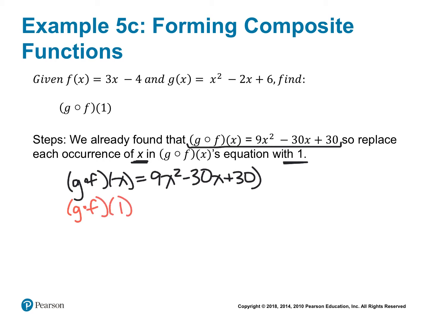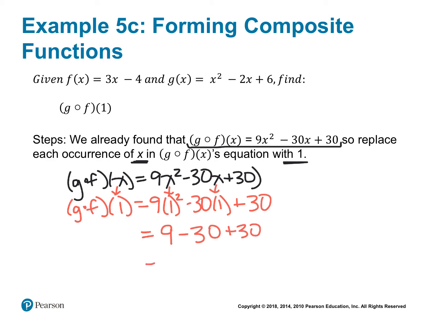So replace every x I see with a 1. That would be 9 times 1 is 9, minus 30, plus 30. We end up just getting 9. So we have the proper way to write this. Write what they were asking and then put what you found.